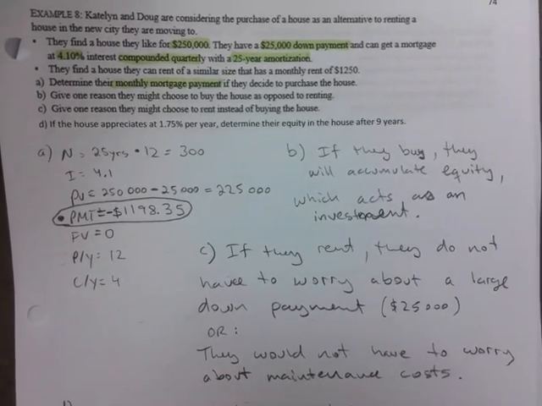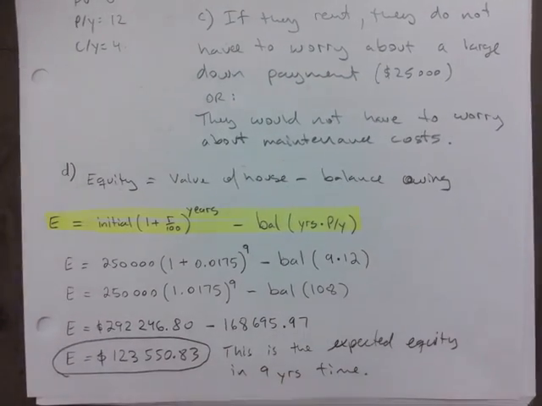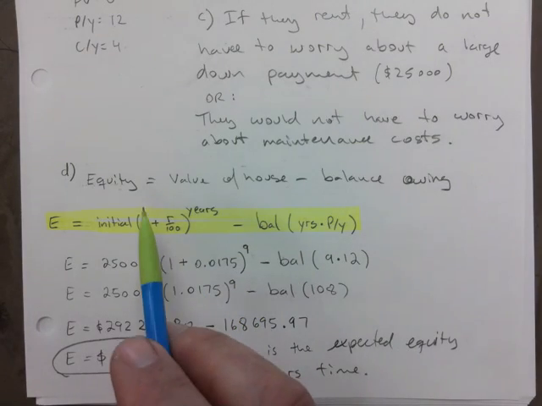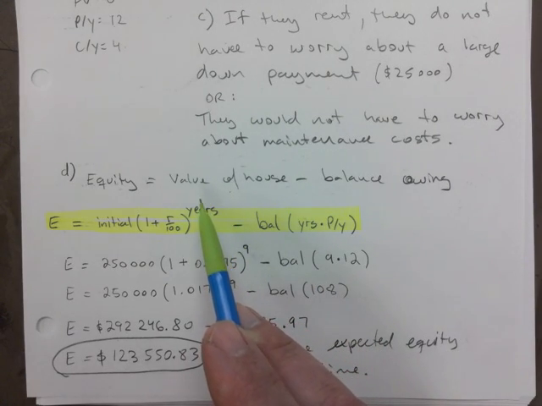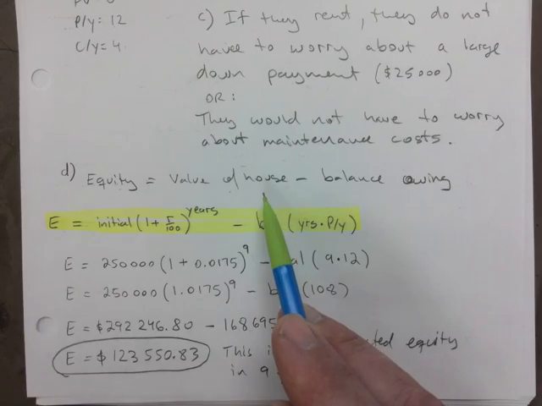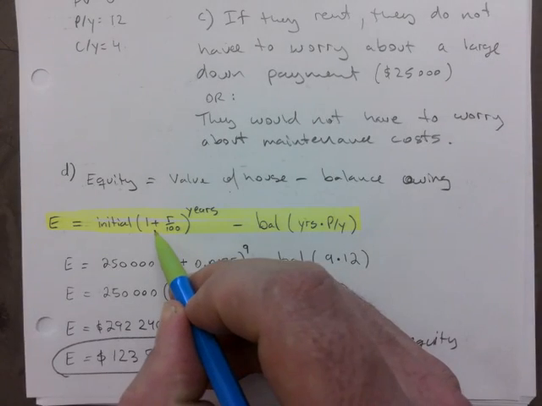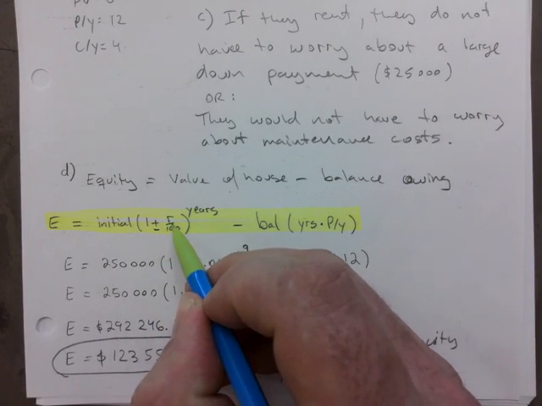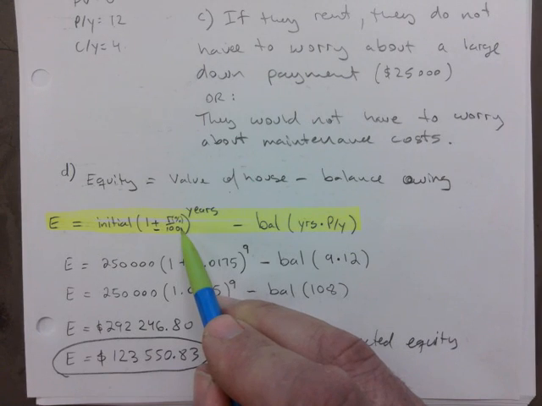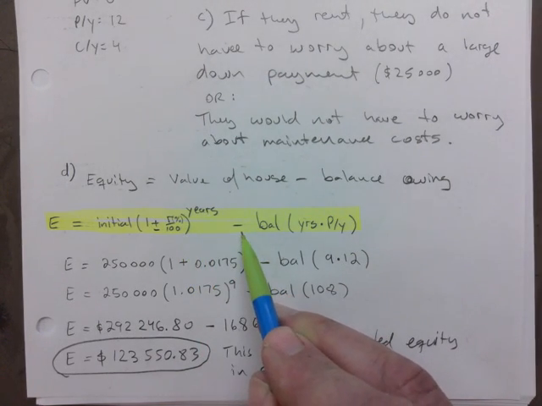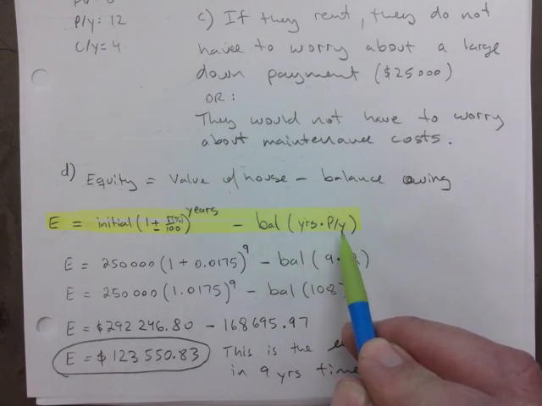Okay, and then D, it's asking us to figure out the equity that has been paid. So for equity, we take the value of the house, this is often done into the future, so whatever the value is at that point, minus the balance owing. So we go with the initial value, and the formula usually calls for plus or minus the rate divided by 100, where the rate is a percentage, to the power of years, minus the balance owing, and the number of years times the payments per year.